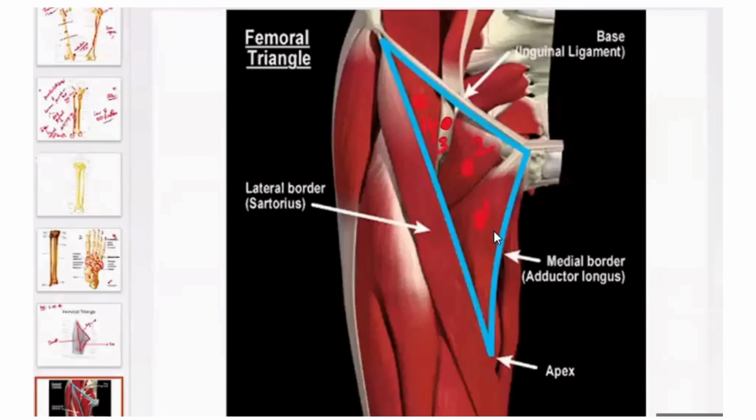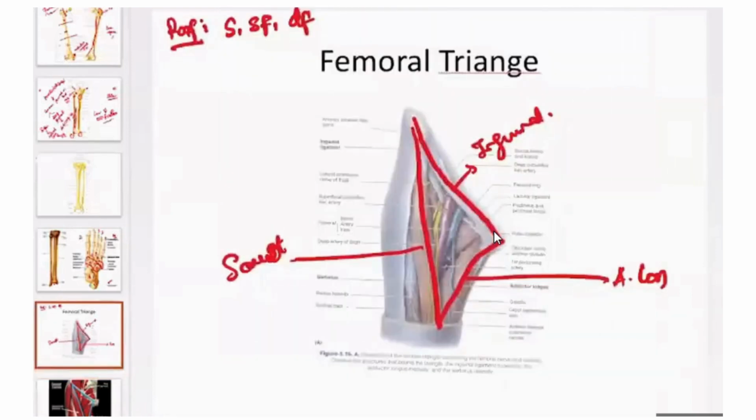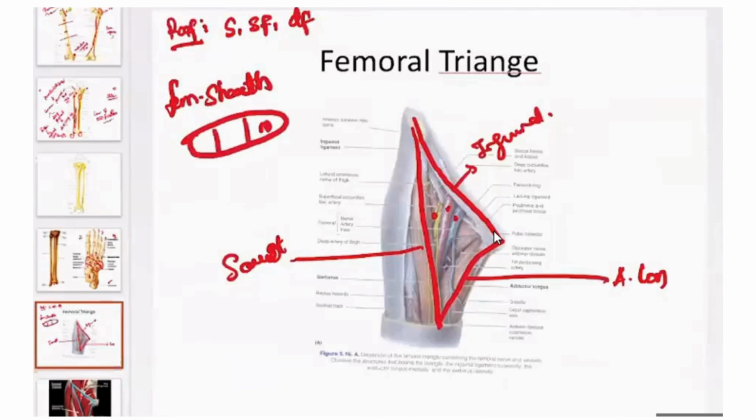The contents of the triangle are femoral vein, femoral artery, and femoral nerve. Femoral artery and femoral vein are enclosed by the femoral sheath. The sheath contains three compartments: medial, intermediate, lateral. Intermediate compartment contains femoral vein.